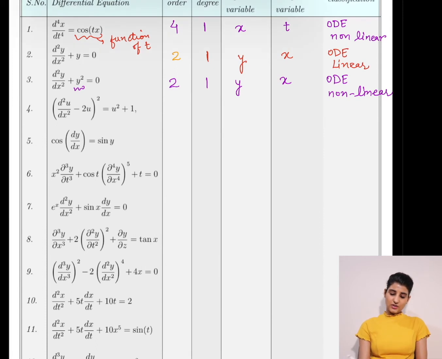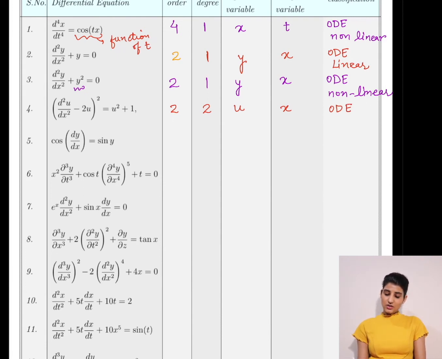Let's see the next one. The highest derivative is 2. The power of highest derivative is 2, the exponent. So the degree is 2. The dependent variable is u. The independent variable is x. So this is ODE because there is only one independent variable.